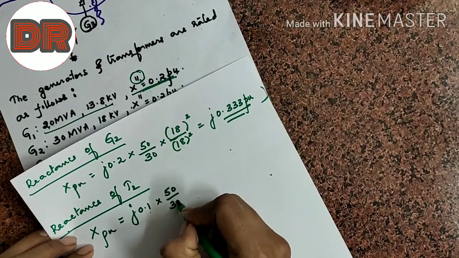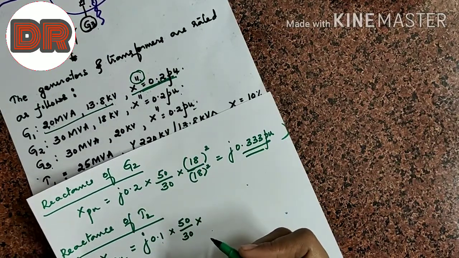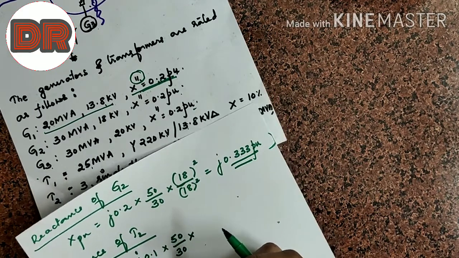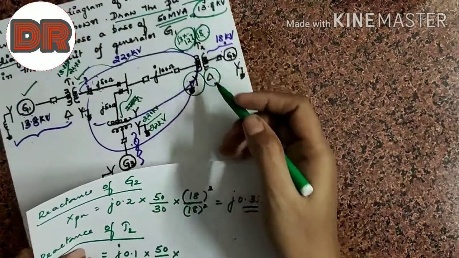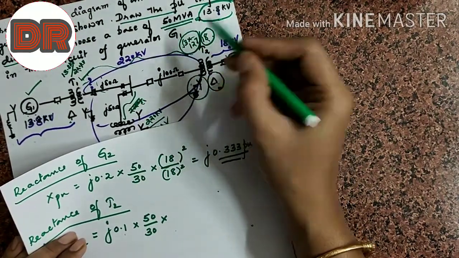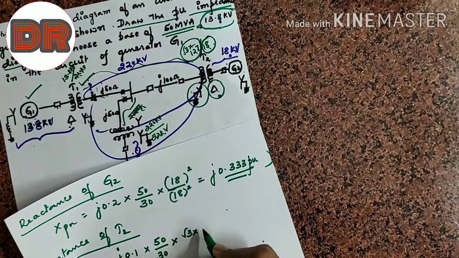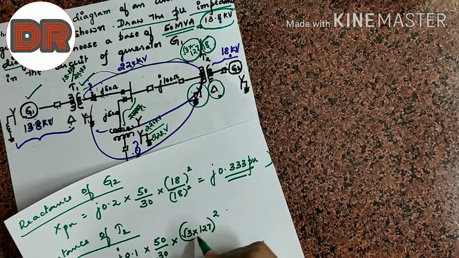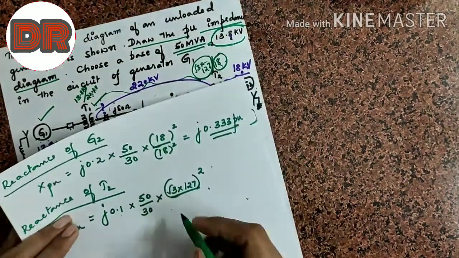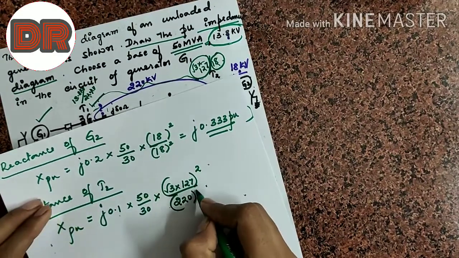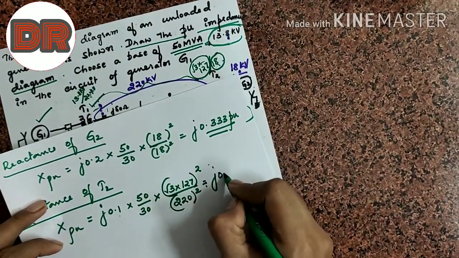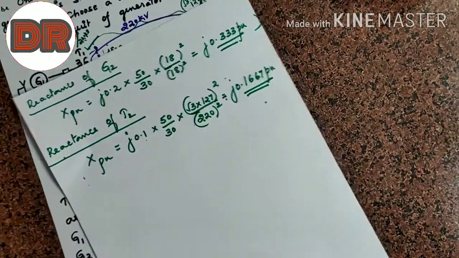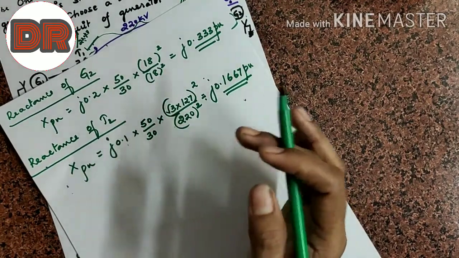So 30 will be old MVA. For kV base, you can take either the high voltage side or the low voltage side. High voltage side old kV will be 127 into root 3, so root 3 into 127 whole square, divided by new kV base 220, so 220 square. If you calculate, you will get around j0.1667 per unit. So this is done for T2. Remember, don't multiply the reactance value by 3.